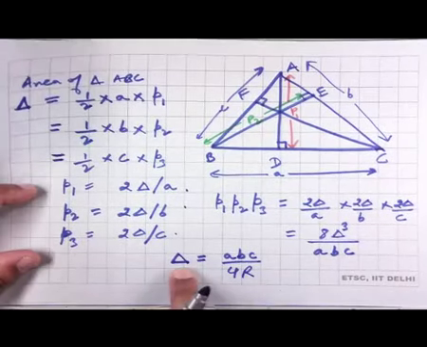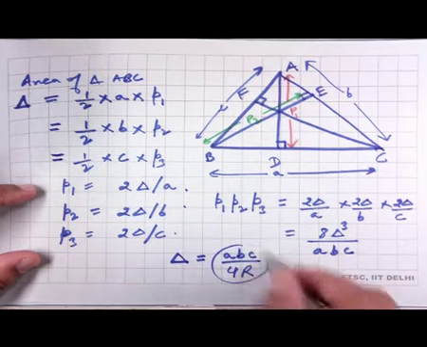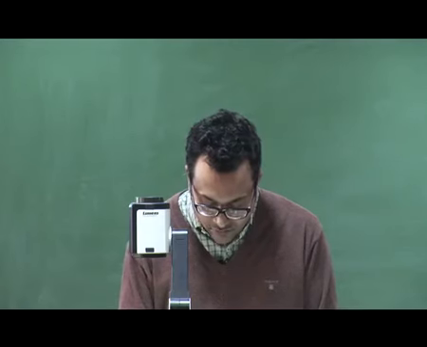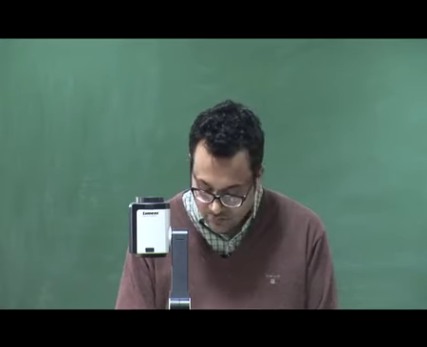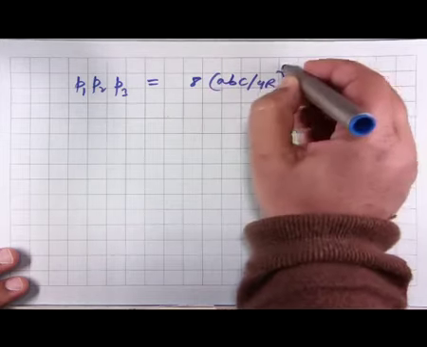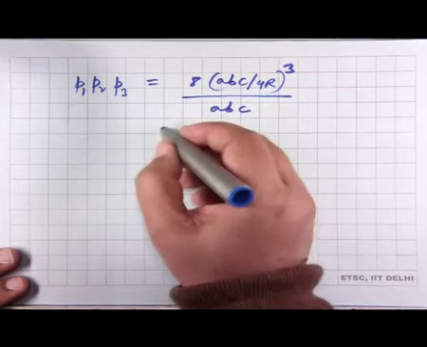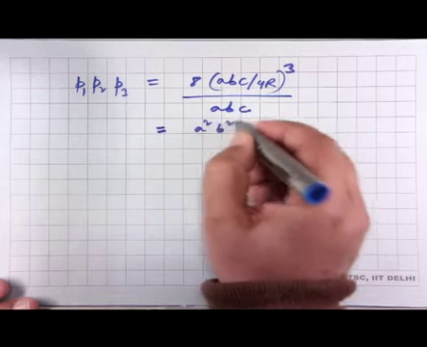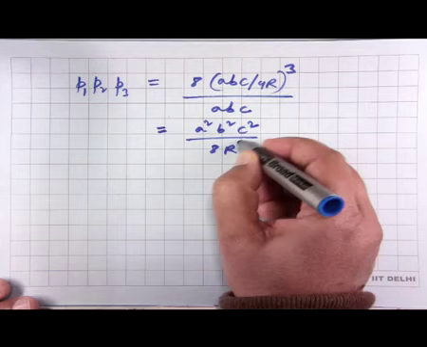So, if we replace this expression instead of using delta, if I use this over here, we end up getting P1, P2, P3 to be equal to 8 times ABC by 4R cube upon ABC, which upon simplification gives us A square B square C square upon 8R cube.